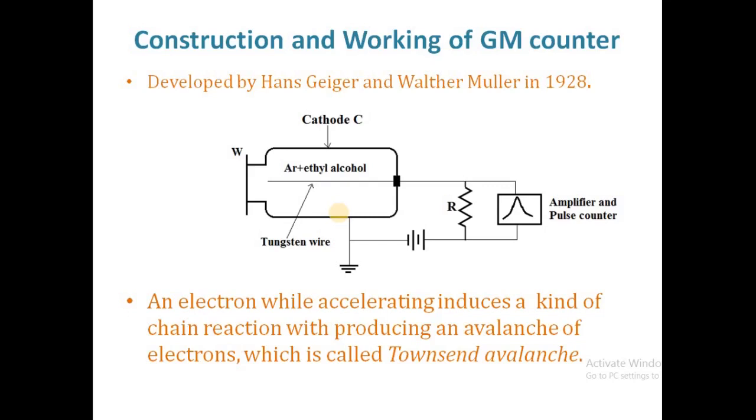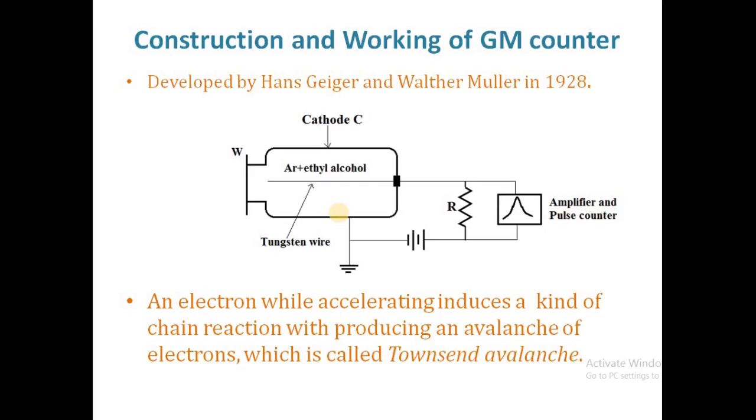The four electrons also, while accelerating, cause ionization in four more molecules, and the released electrons produce further ionization. This process progresses as a kind of chain reaction, producing an avalanche of electrons.